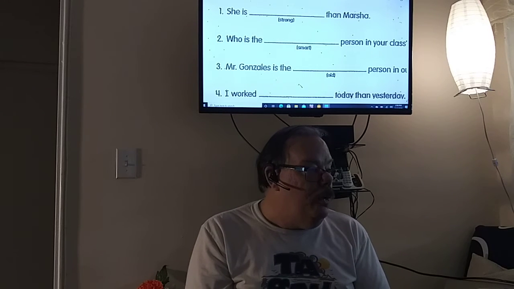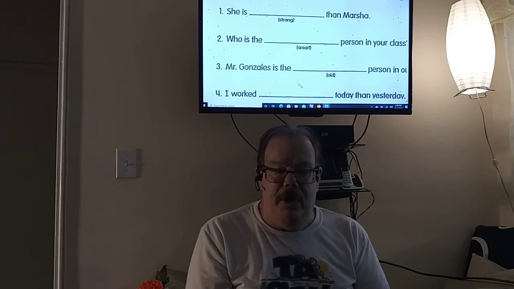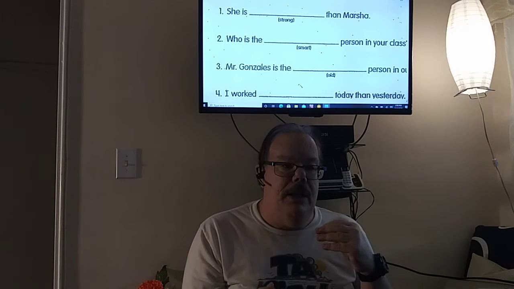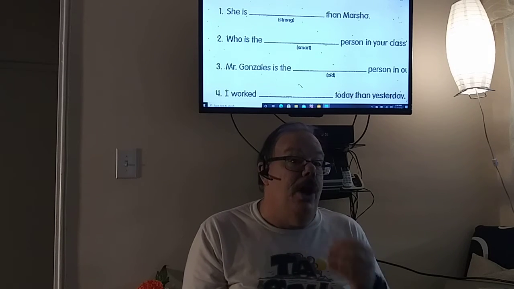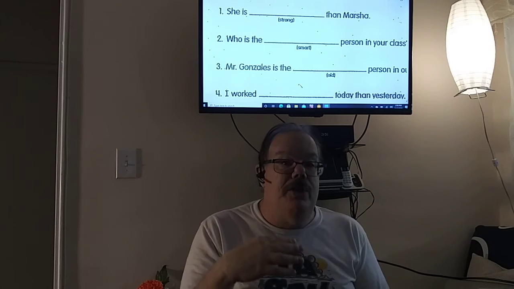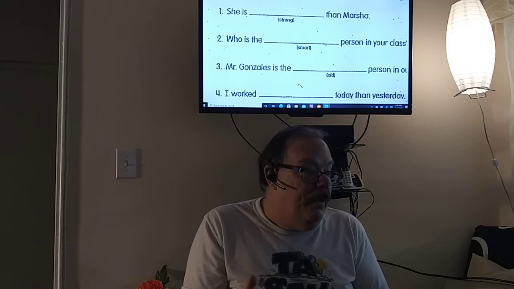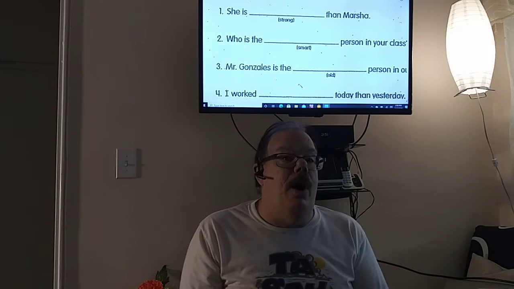Second one, who is the blank person in your class? So we know that we don't see 2 people mentioned there, so we know that it's superlative, so that there's at least 3 or more. So smart, which is one syllable, would be smartest.